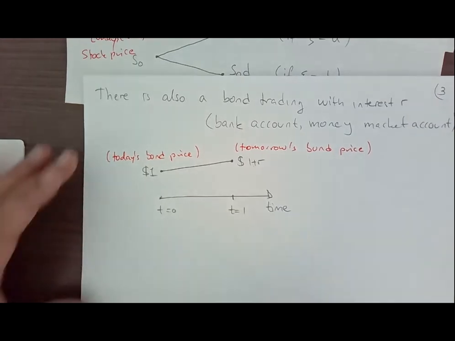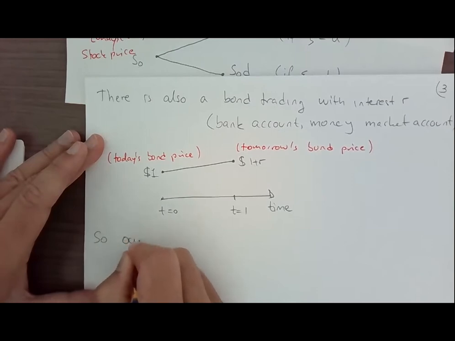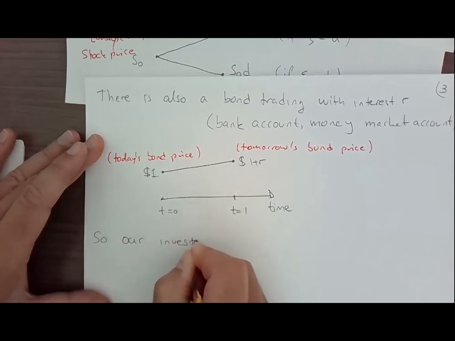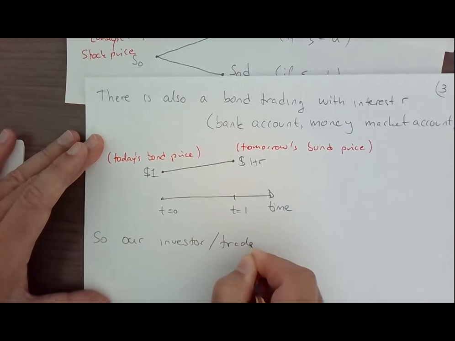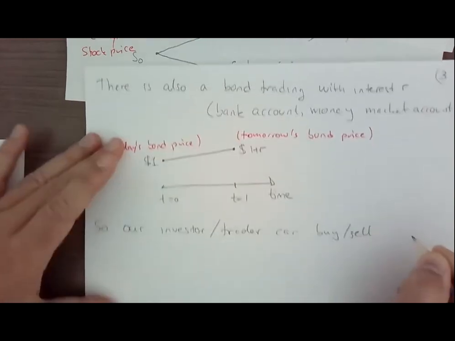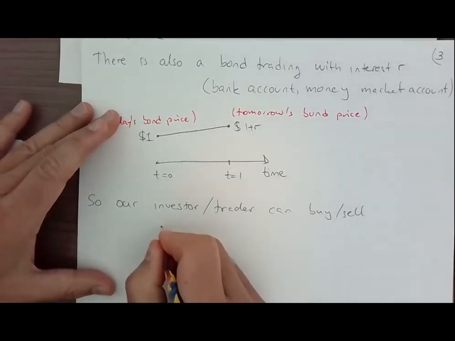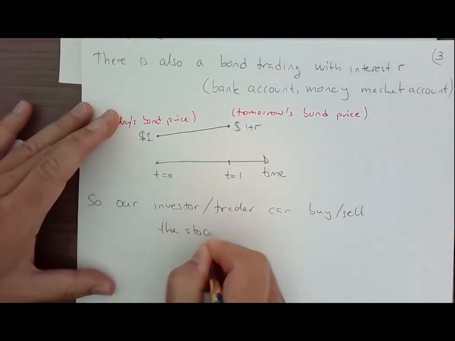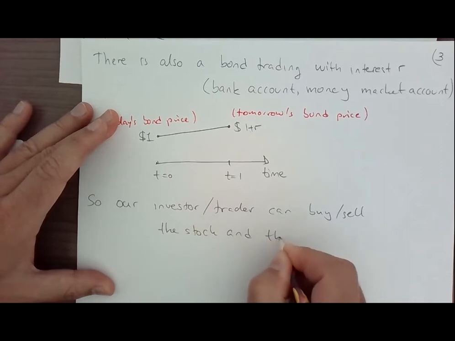So our investor or our trader, he can buy and he can sell the stock and the bond.